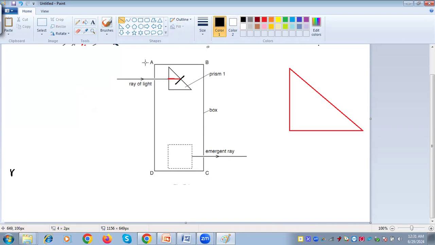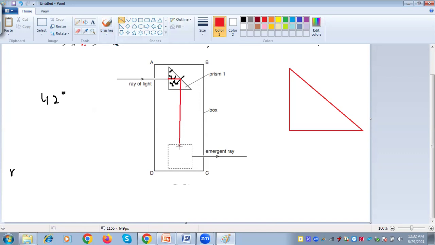So this angle is 45, this is also 45, this is 90. So this one will be 45. Critical angle for the glass is 42 degrees. So more than the critical angle, this one will undergo total internal reflection, means it will come back.